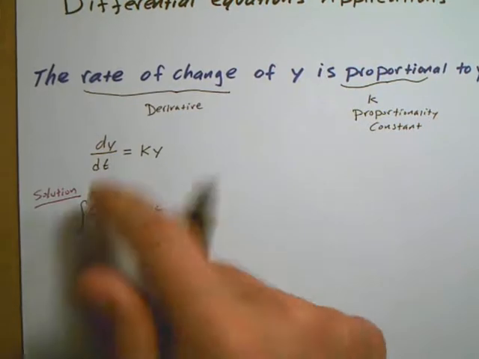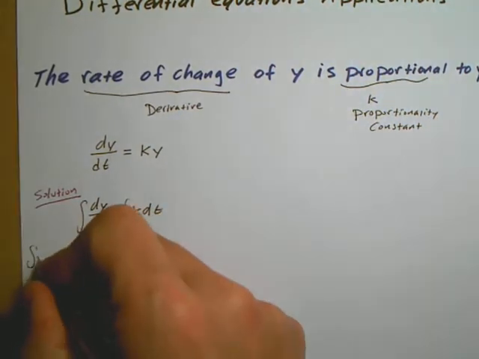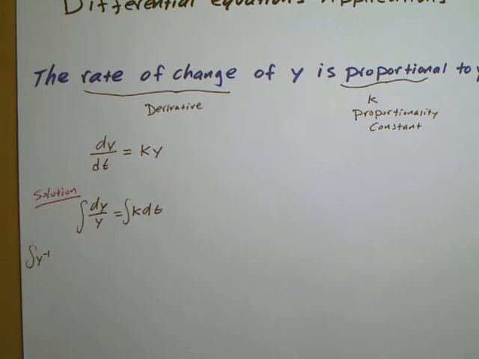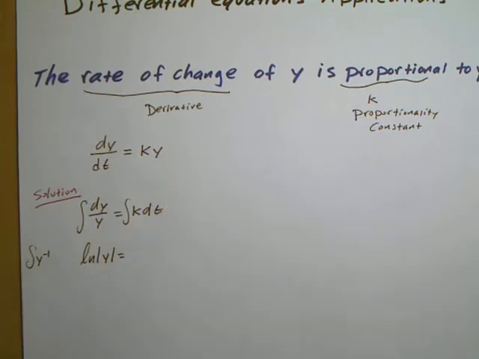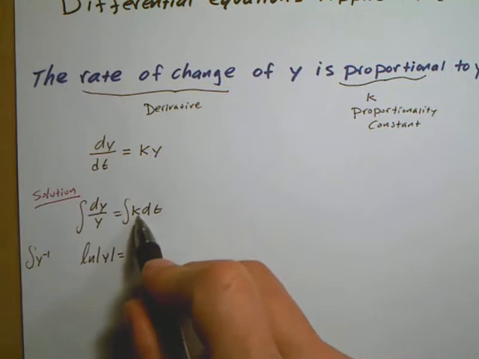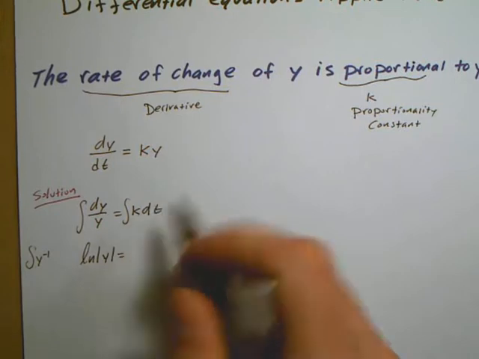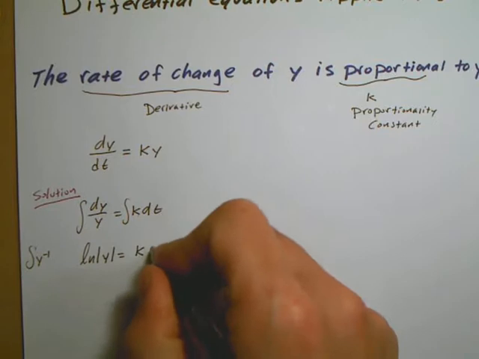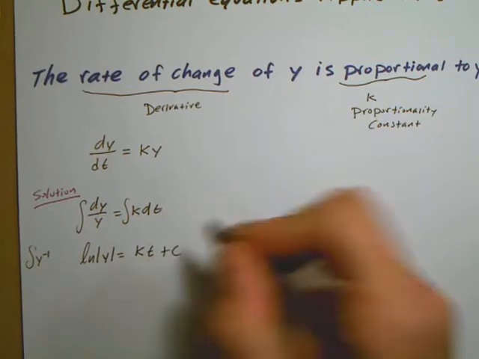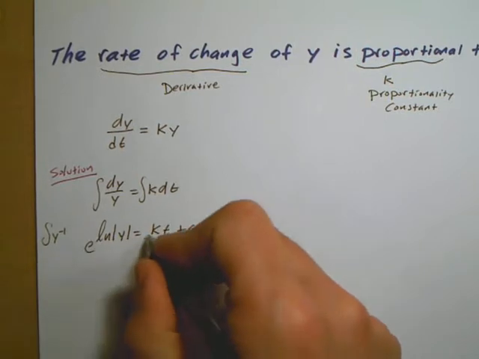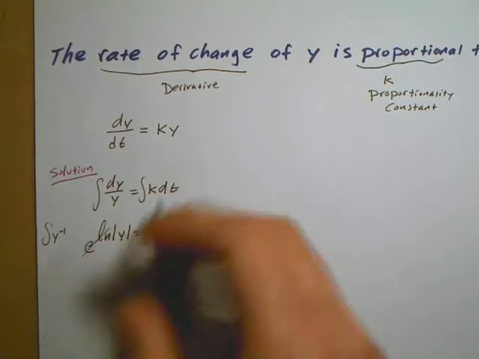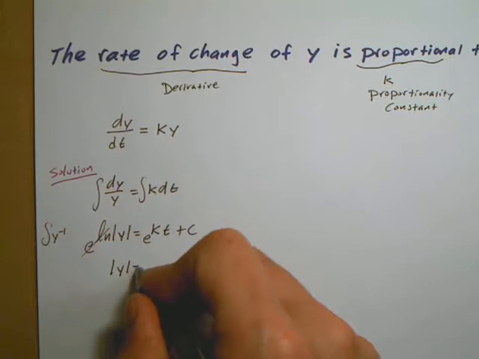The integral over here on the left, this is the same thing as the integral of y to the negative 1. So it's going to be ln absolute value of y. And then this integral of k, which is a constant, with respect to t, is going to be kt plus c. I go ahead and take e to both sides.